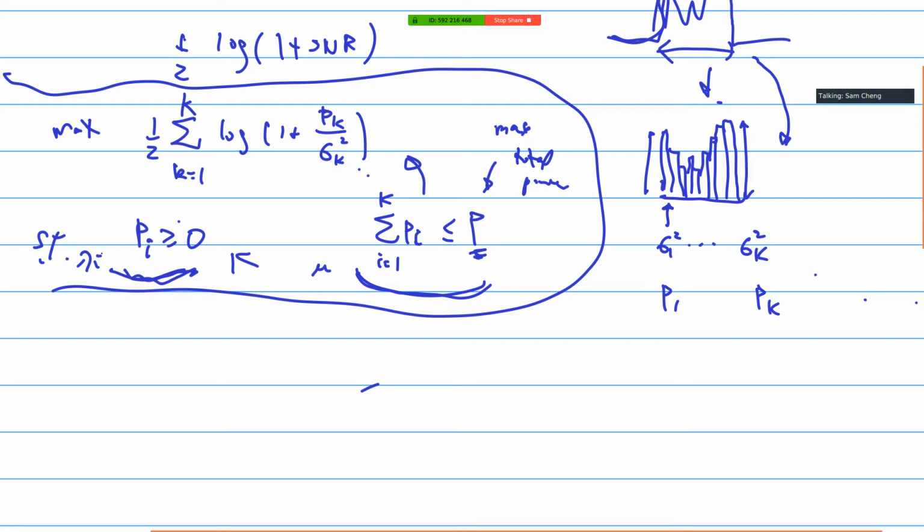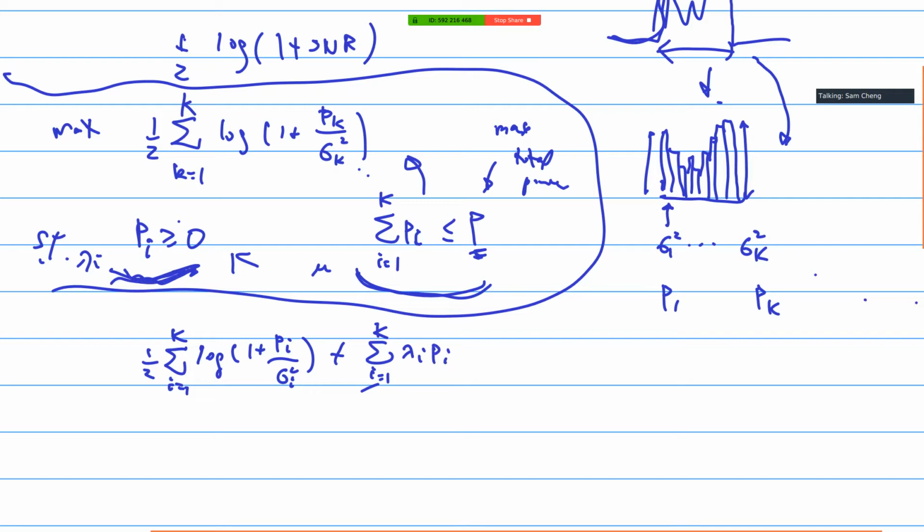So if I absorb the constraints there, I have sum over i equal to 1 to K of 1/2 log(1 plus pi over sigma i squared), plus sum over 1 to K of lambda i pi.